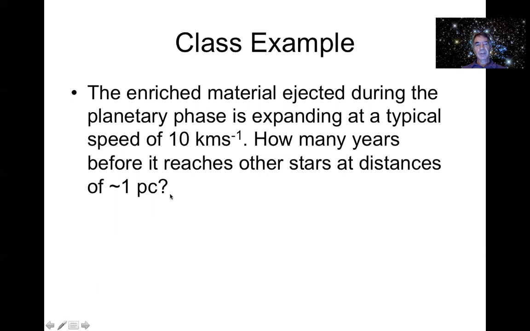The planetary nebula material is coasting away at a more sedate speed of 10 kilometers per second, much slower than the supernova explosions, which are much more violent. But even for these, we'll soon see that in terms of cosmic time, the material gets returned out into space fairly quickly, ready to be turned over into the next generation of stars.